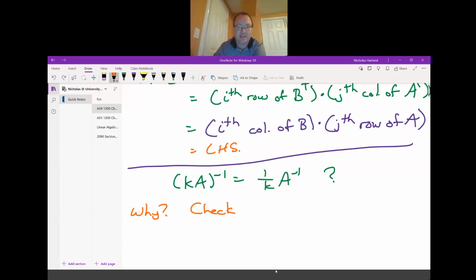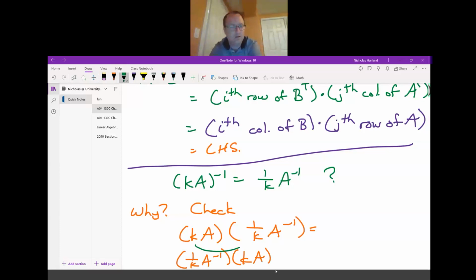So let's do that. K times A times 1 over K times A inverse, and the other way around, 1 over K times A inverse times K times A. Can we just multiply these together? K times 1 over K?